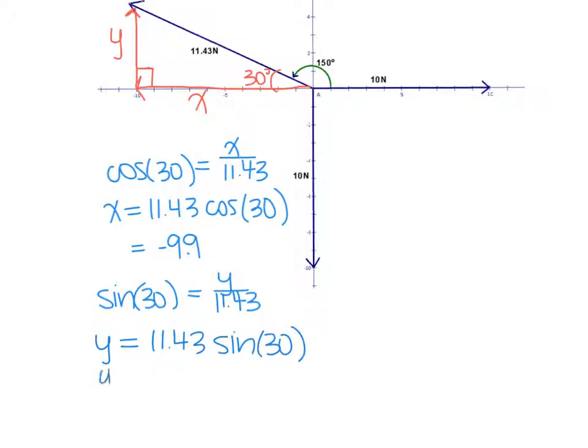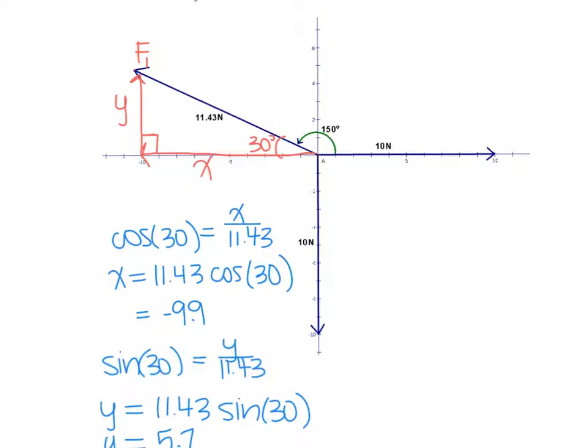And again, using a calculator, we get y equals 5.7. So we actually have enough information here to write our vector F1 as <-9.9, 5.7>. So now we just have to find our other two forces.